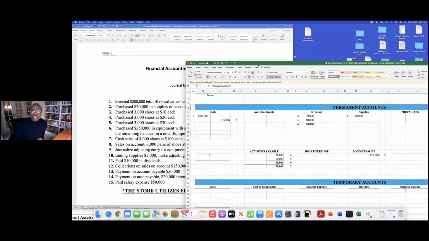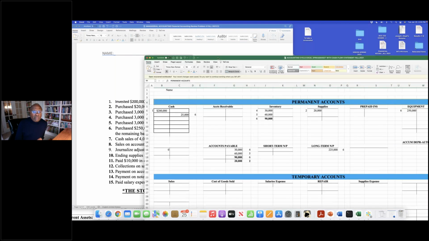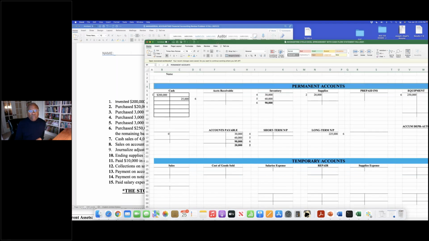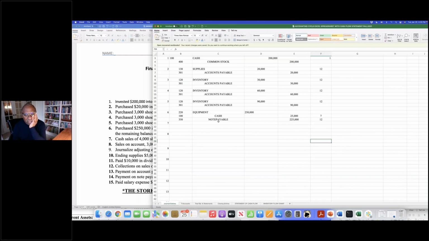What were the types for that last one? Okay, let's go to the journal entry for the types. For the amount related to cash, that's type 7. For the note part of it, it's a 12, so we had two types. Okay, thank you. You're welcome.